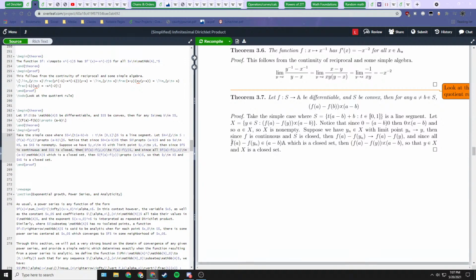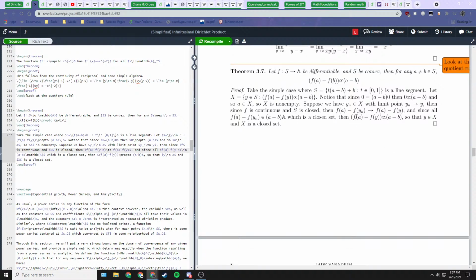All of these terms f of a minus f of y sub n are proportional to a minus b. This is a closed set, which was one of our earlier propositions. Then this limit point is also proportional to a minus b. So y is in X, and X is a closed set. So we have shown that X is sequentially closed, so it's a closed set. It's non-empty. Now we just have to show that it's open, and that'll show that X is actually the whole set S.